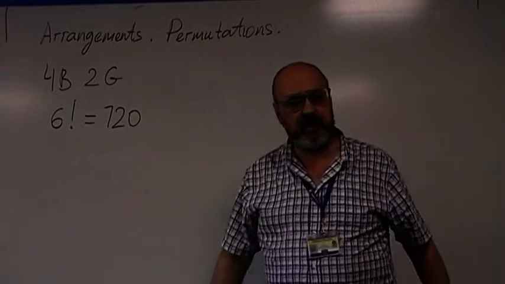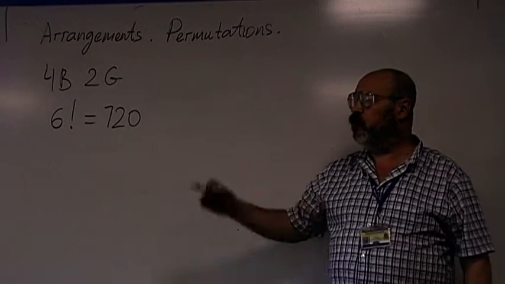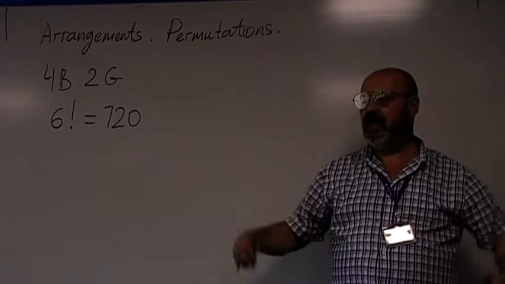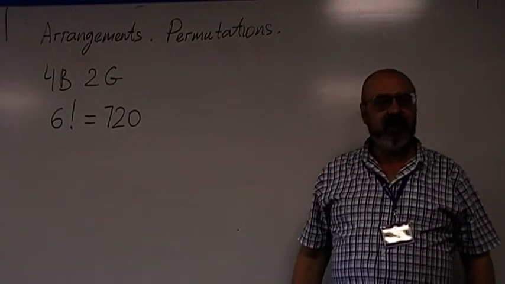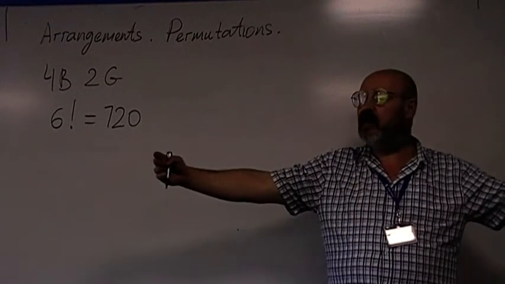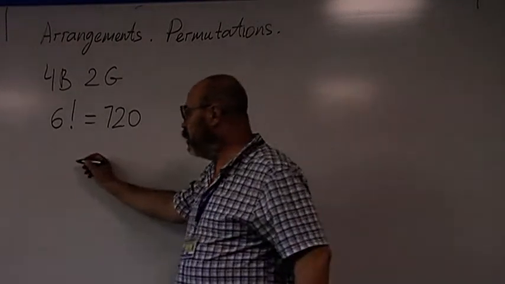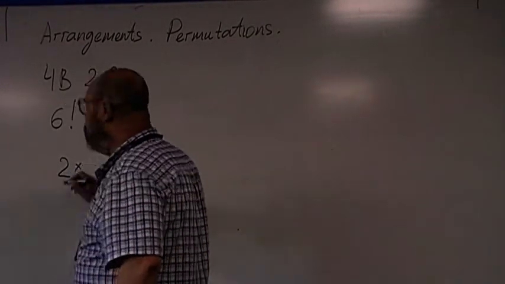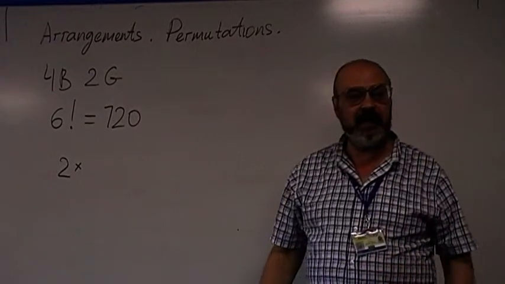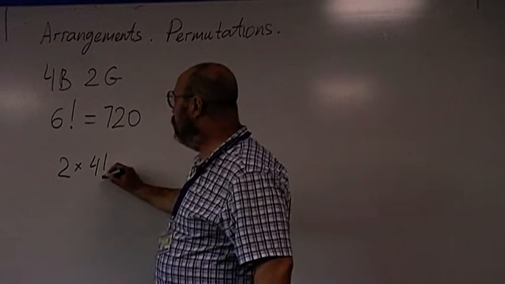Now let's put in some restrictions. If the 2 girls must sit at the ends, in how many ways can they be seated? It's 2 times 1, so there will be 2 ways. Now in between, the 4 boys can be seated in 4 factorial ways.